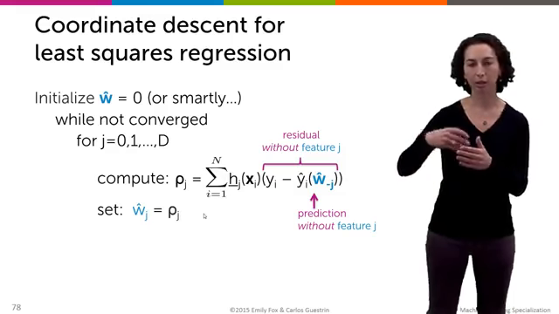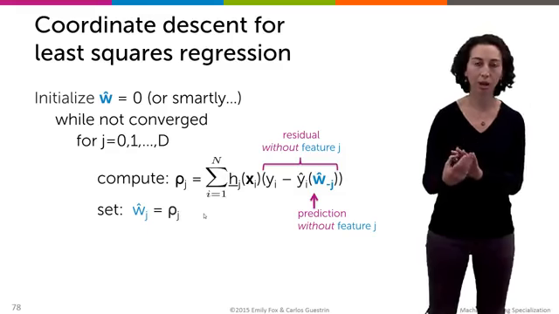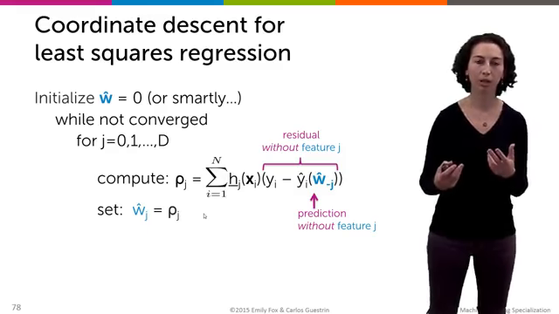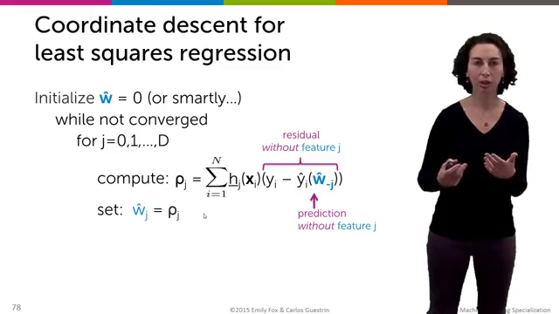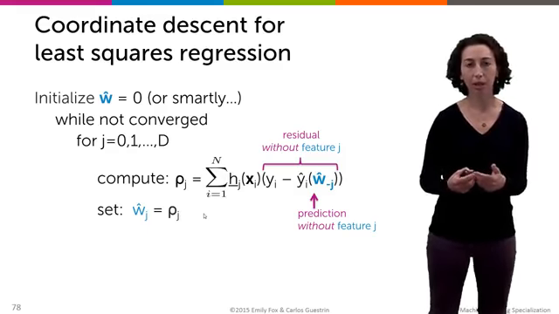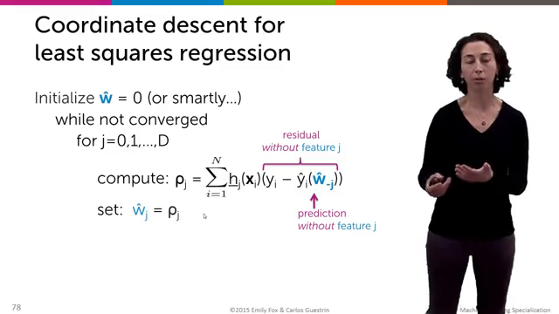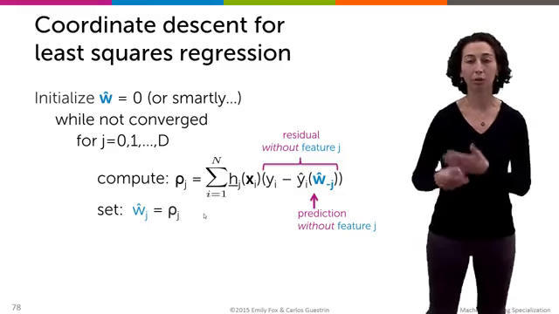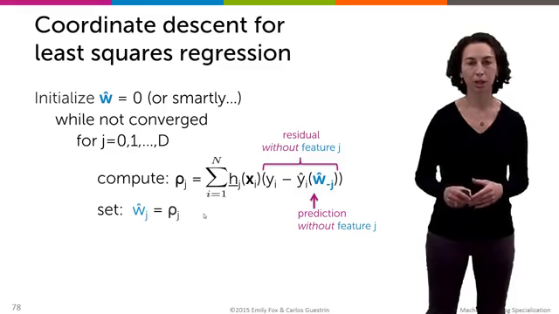So we're looking at the difference between our prediction and the truth when j is not included in the model. And then we're saying how correlated is that with the jth feature? And if that correlation is really high, so if they tend to agree, then that means the jth feature is important for the model, and it can be added into the model and reduce the residuals, so equivalently improve our predictions.